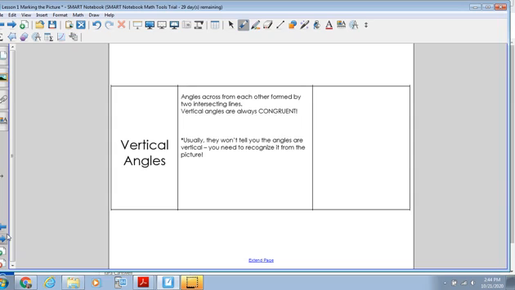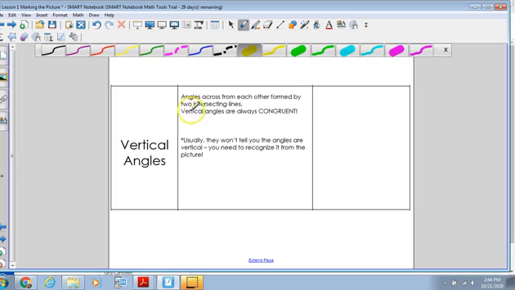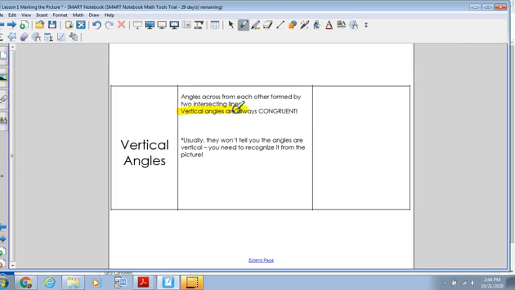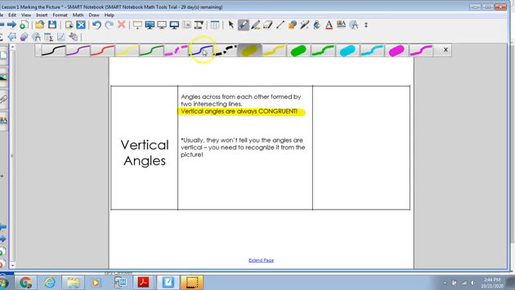Our next term we're going to talk about is vertical angles. Vertical angles are angles that are across from each other formed by two intersecting lines. And vertical angles are always congruent. And I've said before, and I'll keep saying it, even if you come away from geometry only remembering one thing, let it be that vertical angles are congruent to each other.